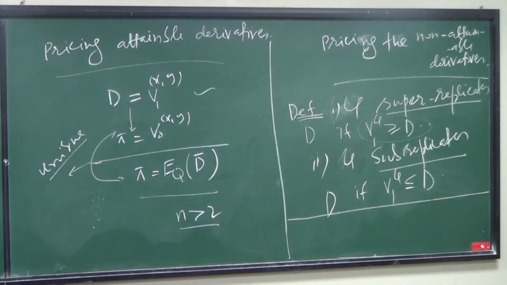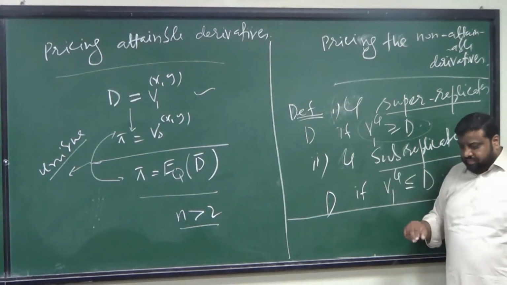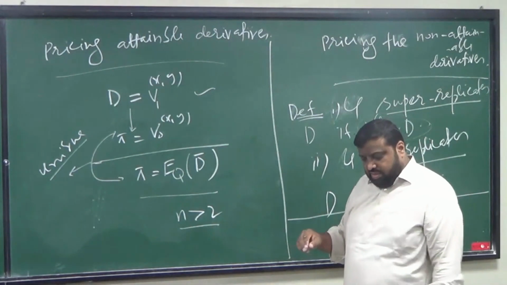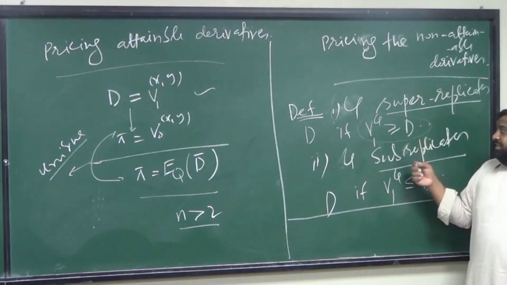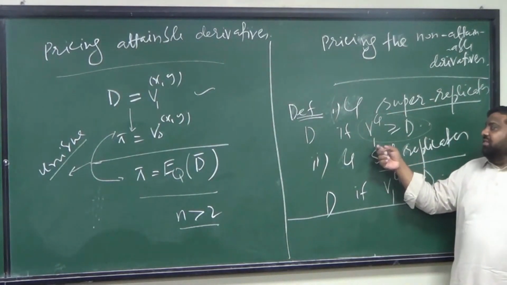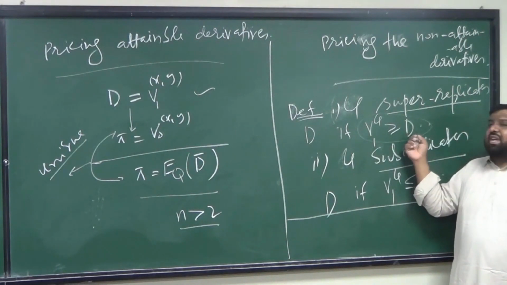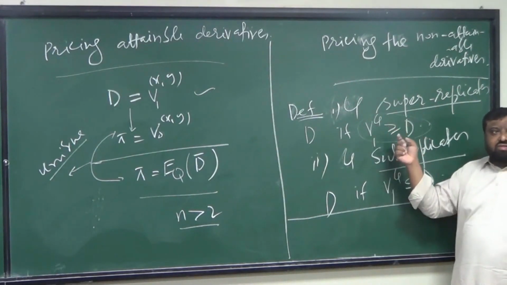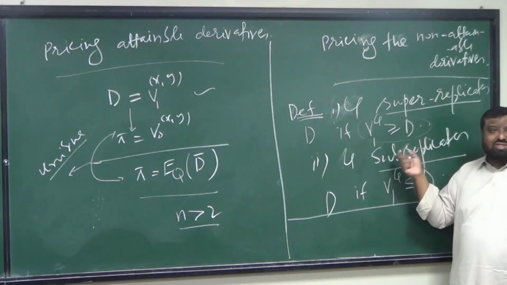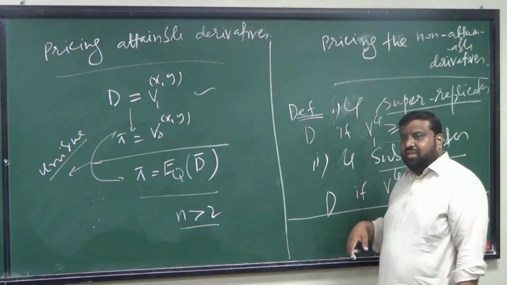Now, I created the portfolio at time 0 by selling the derivative. But I know that at time 1 the value of the portfolio is bigger than D, so if I have to pay D, I can do it from here. If I'm lucky enough, in one scenario it's strictly bigger, and maybe I can have some money in the pocket.